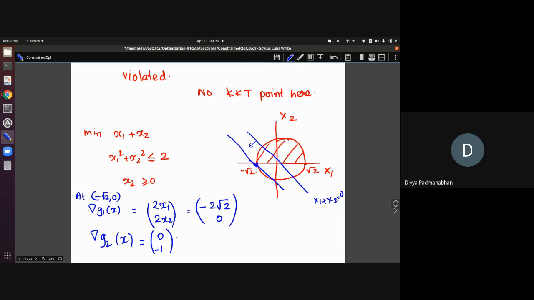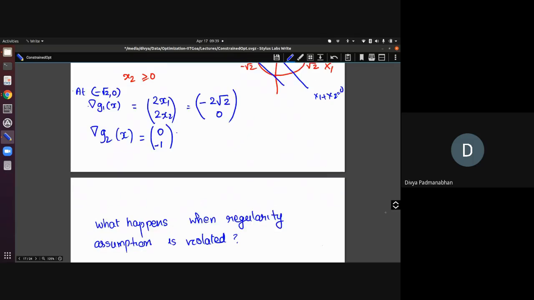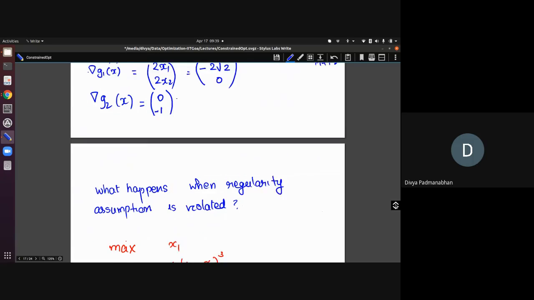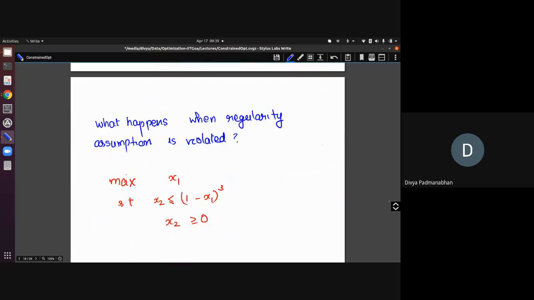I will just show you an example. That's precisely the next point I was going to make: what goes wrong when regularity doesn't hold. So we'll just see this with this example here. I'm taking this problem again in 2 dimensions: maximize x1 such that x2 is less than or equal to (1 minus x1) cubed and x2 is greater than or equal to 0.